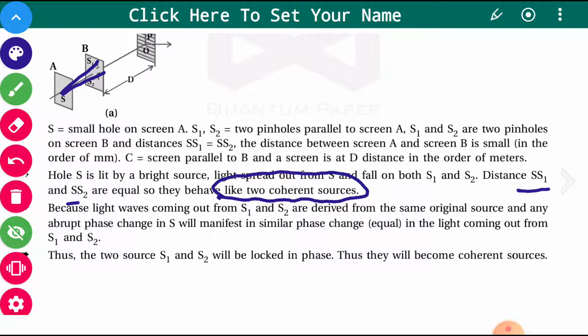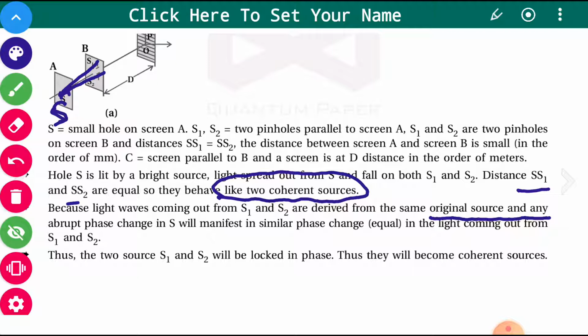Because the light waves coming out from S1 and S2 are derived from the same original source, the source here is the same.